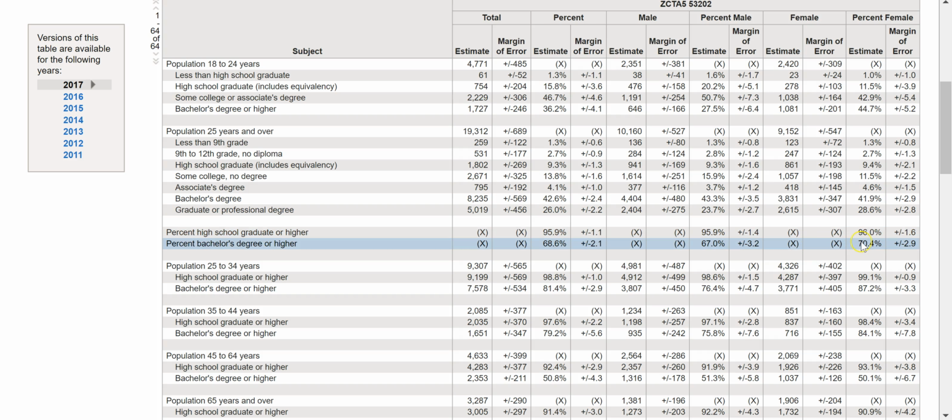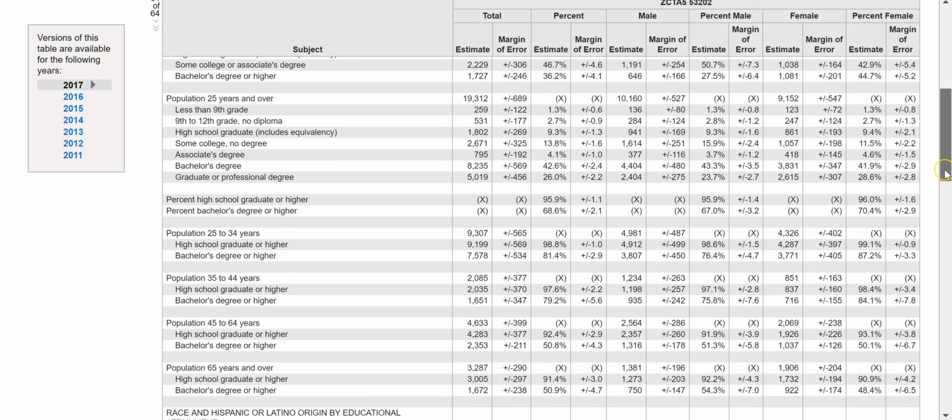It is 70.4% of the population female, 67, but the total is 68.6% of the population have a bachelor's degree or higher. So again, it's a pretty educated zip code.